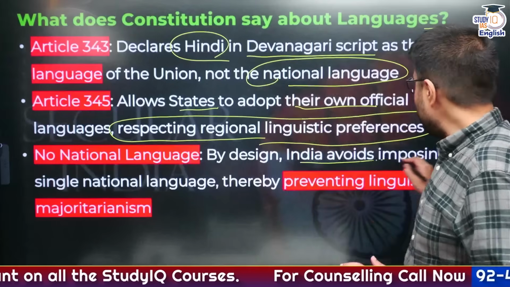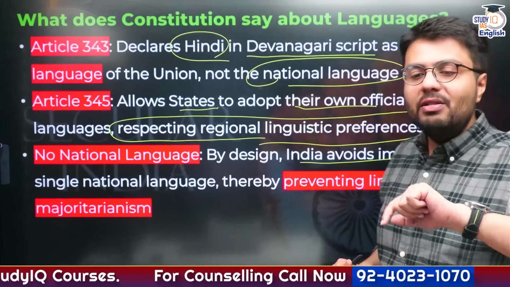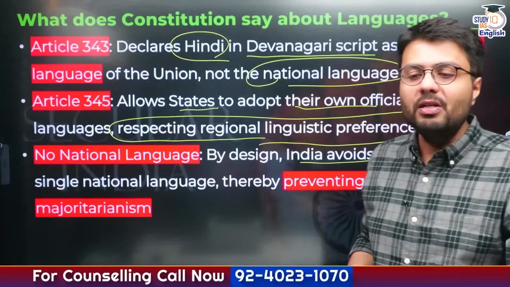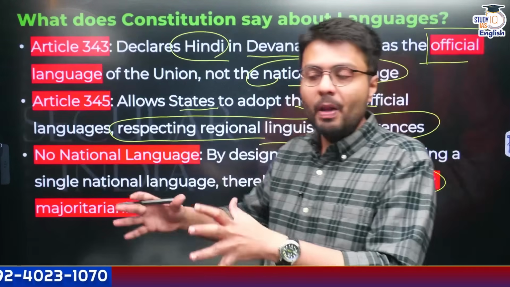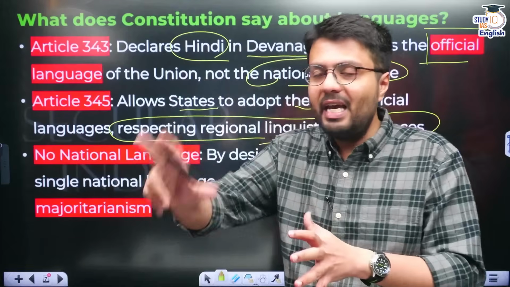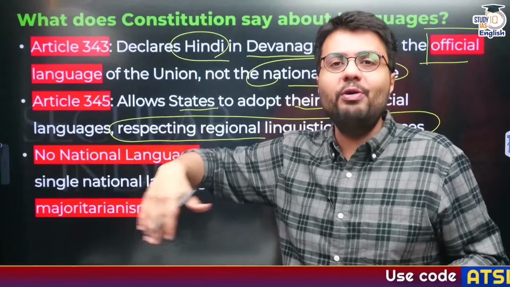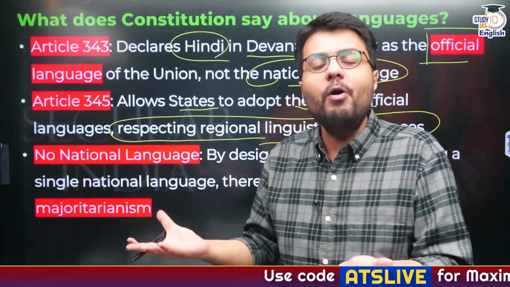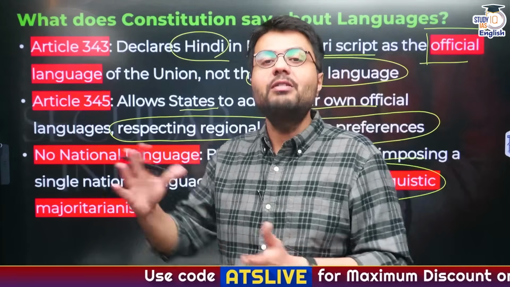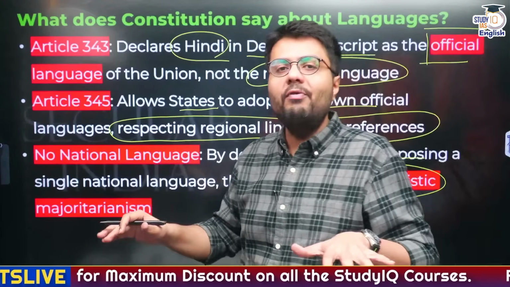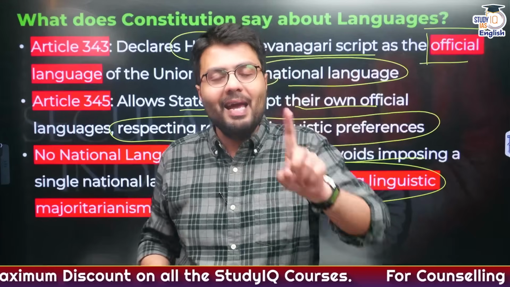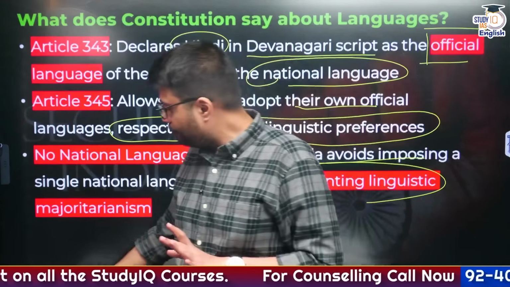Therefore, by design, India avoids imposing a single language on its citizens, thereby preventing what is known as linguistic majoritarianism. For example, if you had to impose, say, X language or Y language as India's national language, what about people not speaking that language? They will be excluded from it, right? So that is why India preserves its linguistic diversity by not recognizing any language as the national language.